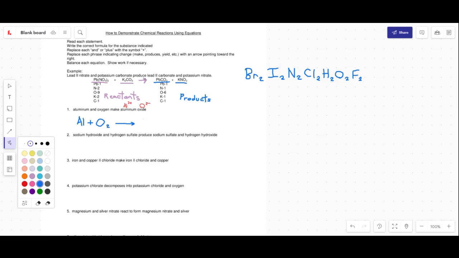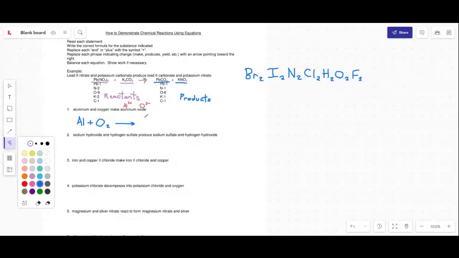Remember, we need to balance the charge. The total positive has to equal the total negative, right? What's the lowest common multiple of 3 and 2? We need to balance it to be 6, 6 each, right? So I need a total charge of 6 positives and 6 negatives.